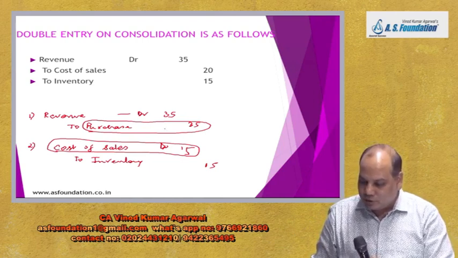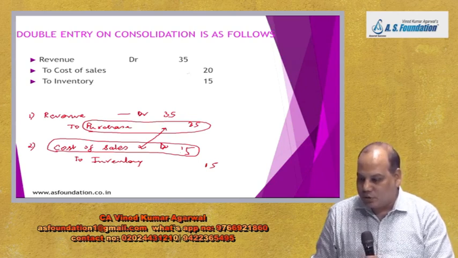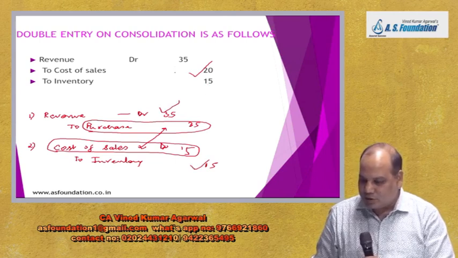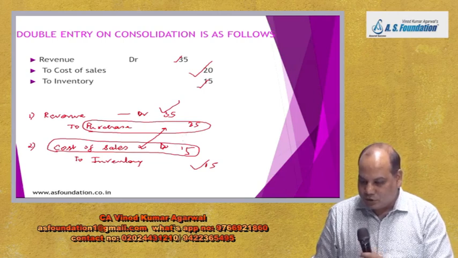So the net effect in cost of sale will be 35 minus 15, 20, and this inventory 15 and this 35. Is it matching? So we can pass only one entry if required, or we can pass two entries. Whichever gives you more happiness, you can do it. Okay.